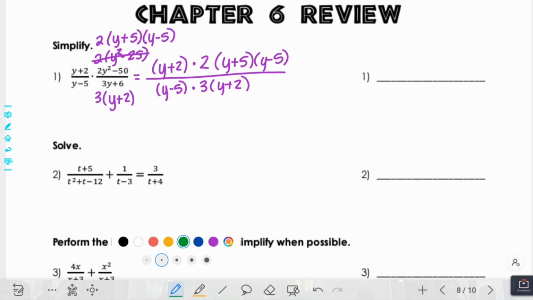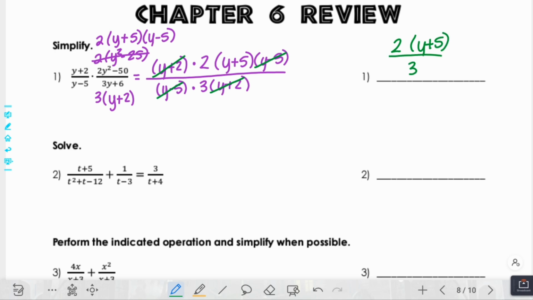Go ahead and cross out what you have in common. So I see that I have a y plus 2 in my numerator and my denominator. I see that I have a y minus 5 in my numerator and my denominator. So I am left with a 2 times y plus 5 in my numerator all over 3.